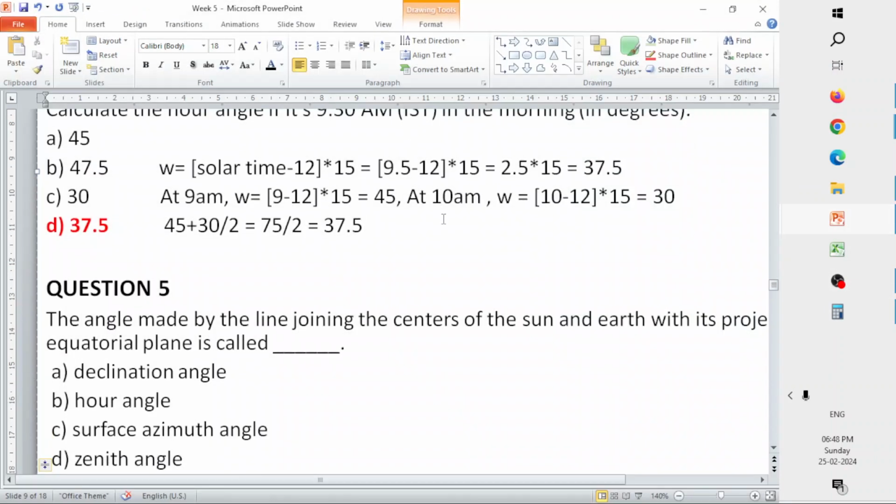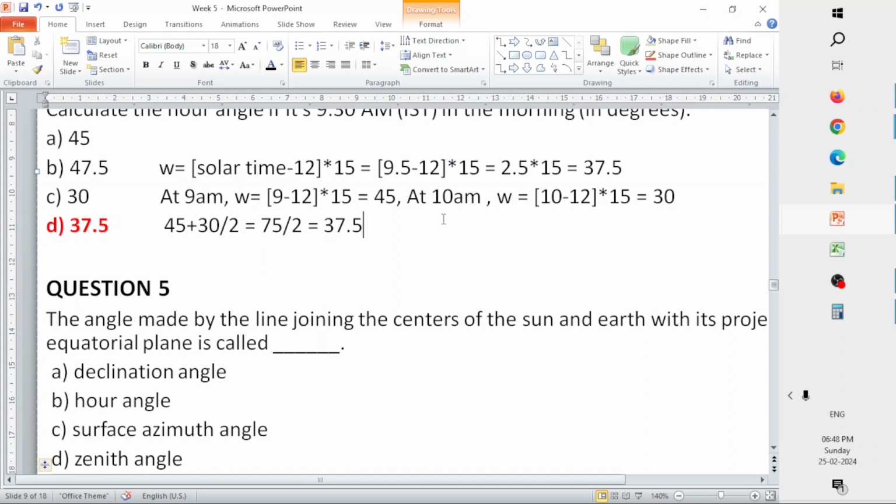The next question is: the angle made by the line joining the center of the sun and the earth with its projection on the equatorial plane is called? So what is the definition?